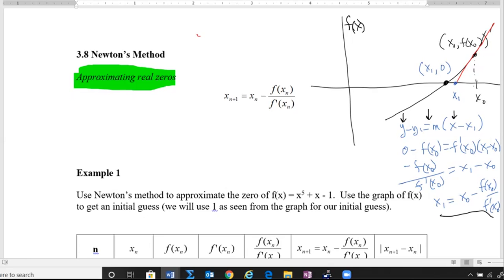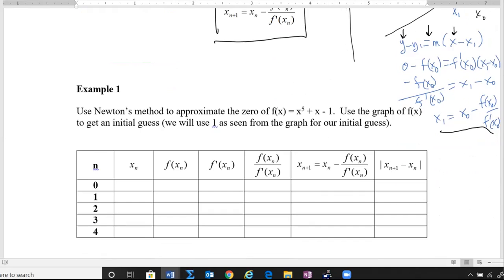But in any case, this is our general formula here. This is the one that we'll use. It's called an iteration formula. And it requires that we start with a given value, an estimate, and the function itself. Now, down here on example 1, I have a table.